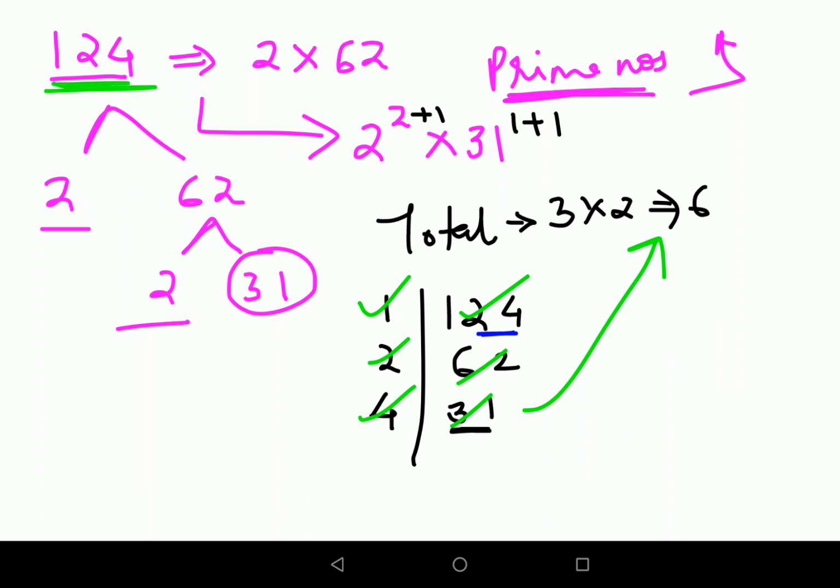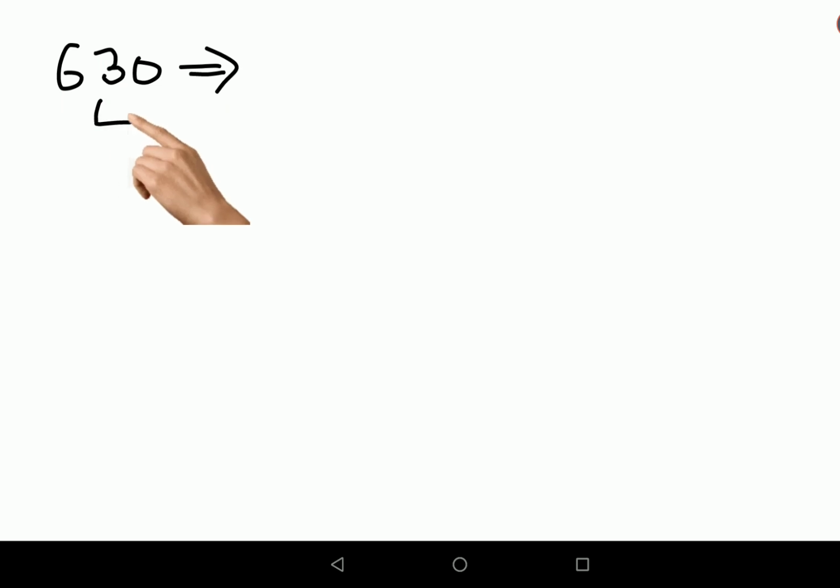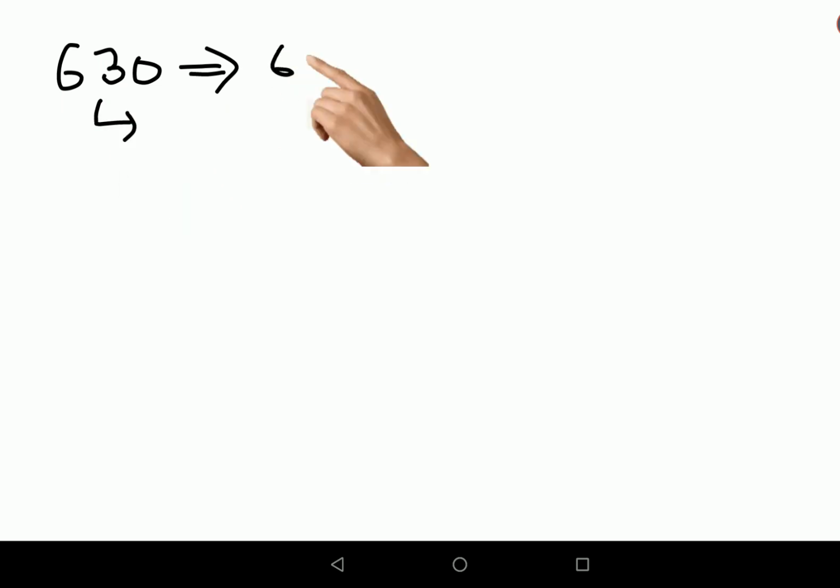124. Okay, now just for your understanding, let's try and do a couple more sums. Let me do a little bit trickier one. Let's try and find the factors of 630. Here again you can do the factor tree method, or we can do the simple method, which is we can write this as 63 into 10, right?